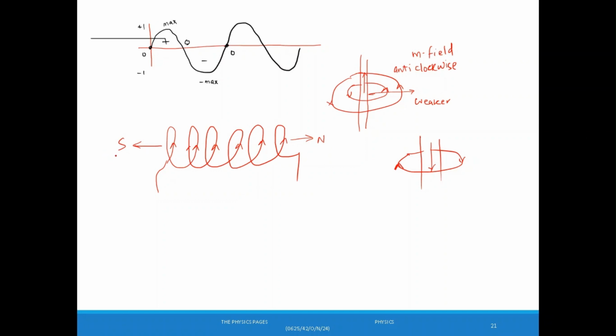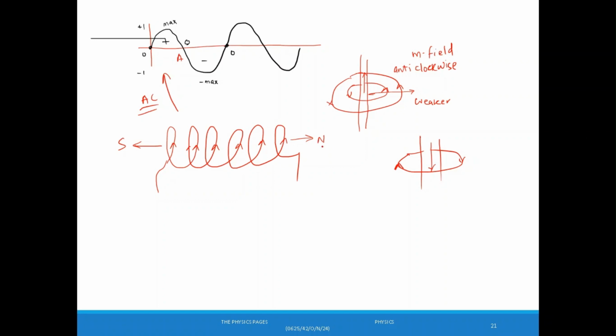And if it is changing from 0 to maximum, like in the case of AC, what happens? The magnetic field strength also changes with the change of current, and it changes the polarity with the change of direction. So for example, for the first half cycle, from O to A, the current is increasing to maximum, so magnetic field also increases, and then current goes from maximum to 0, and magnetic field also decreases from maximum to 0, but it will be in one direction.